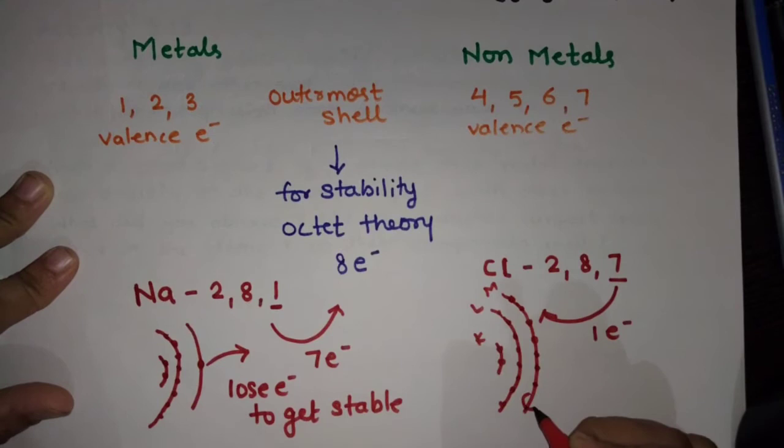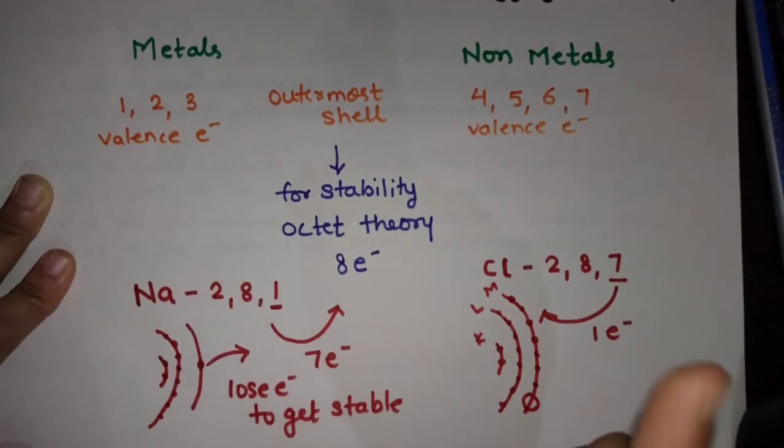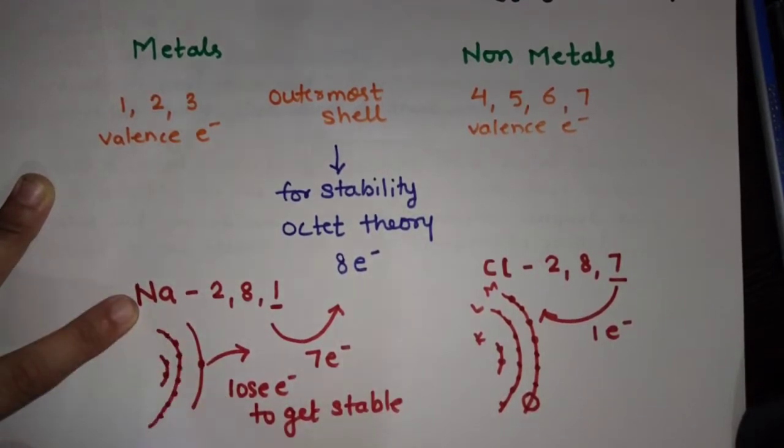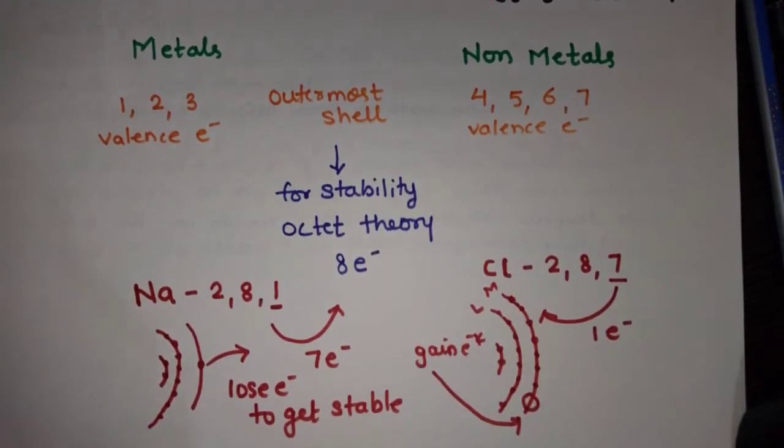If one electron gets here, then it will be stable. So chlorine only requires one electron. The electron given up by the sodium will be accepted by chlorine. So it will gain the electron, this electron will come here, and now it will become stable.